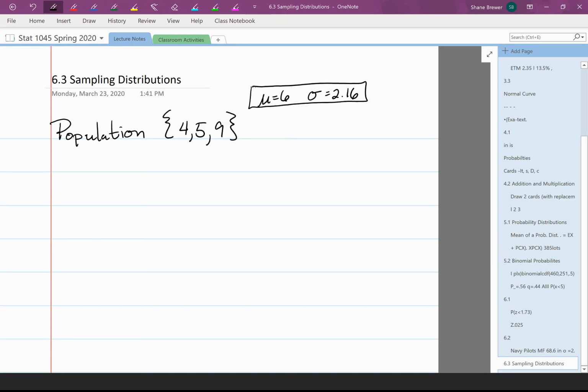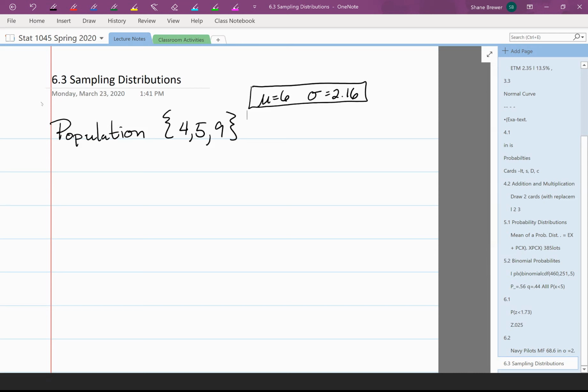But we're going to kind of just go through this practice. What we're looking at in this particular section is the idea of sampling, because we know in statistics that's what we do. We sample from a population.